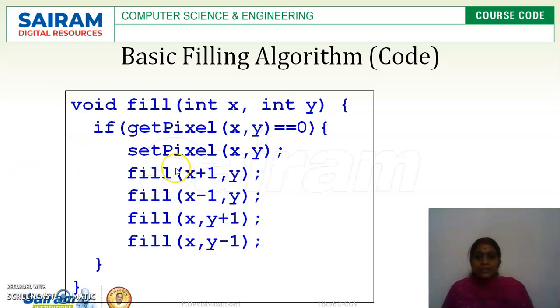We start filling the x plus 1 comma y coordinate, then x minus 1 comma y, that is the right side and left side coordinates, then the bottom coordinate as well as the top coordinate, by using this fill function. Whatever we are studying in the basic filling algorithm, we are studying according to the OpenGL functions also. This is the function used for the basic filling algorithms.